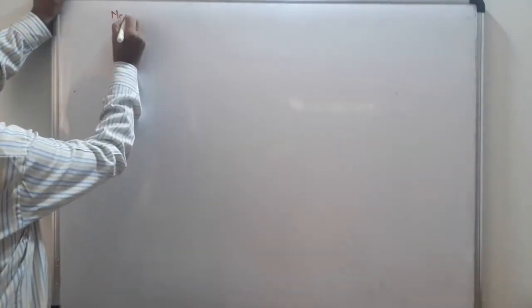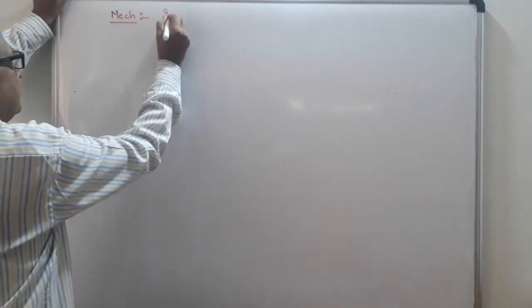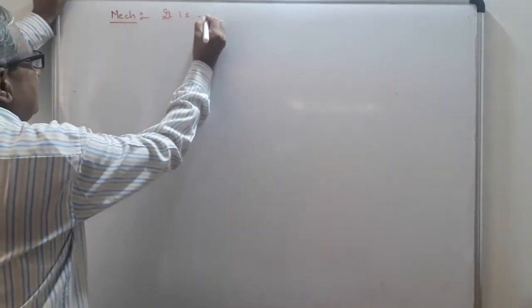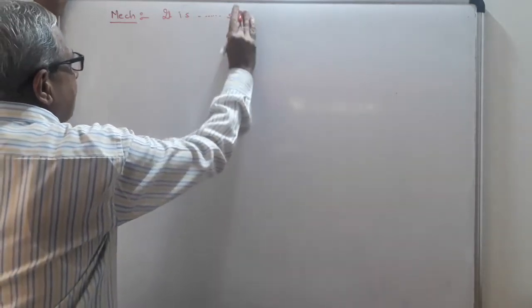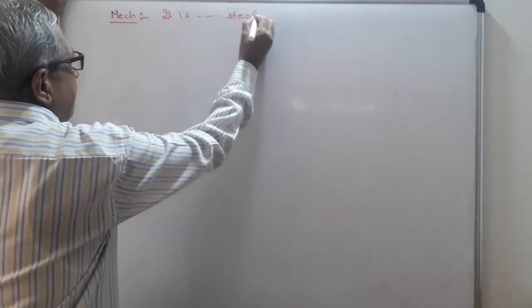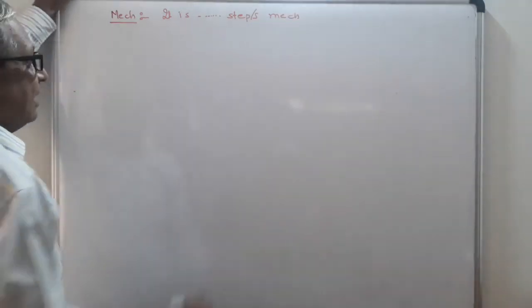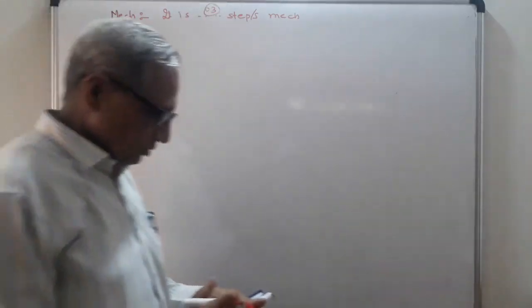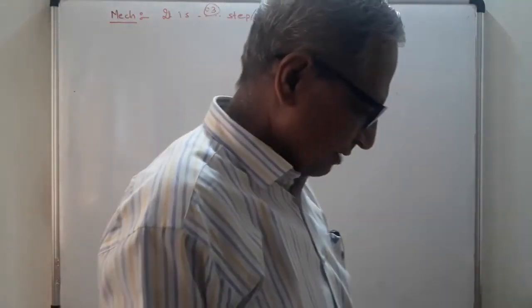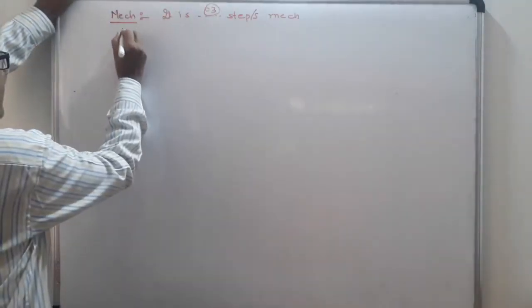So give the title: Mechanism of aldol condensation. First question: it is a dash step mechanism. The answer is, it is a 3 step mechanism. So I will explain step by step. First I will give the example here and prove that.